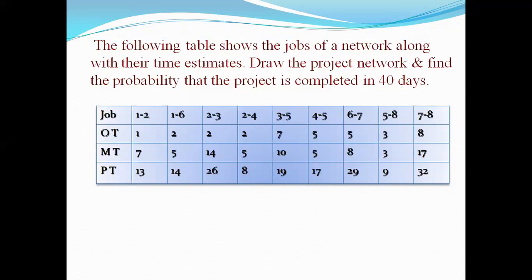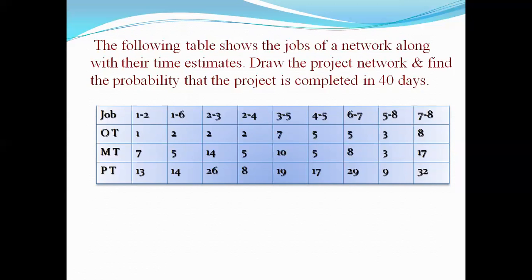Slack means the difference between the TL and TE; if TL minus TE is equal to 0, the slack is 0. Then such activities are known as critical activities, and the path passing through such activities is known as the critical path.